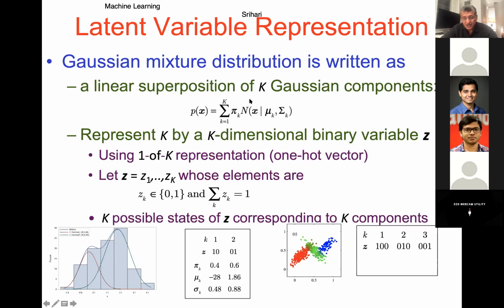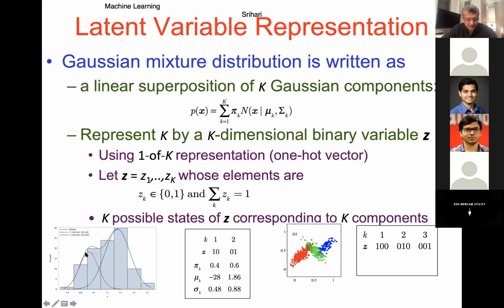So this is a Gaussian subscripted by k, which corresponds to the kth component, and we are summing k equal to 1 through capital K. So the sum of these 3 components, or 2 components, is p of x. And here below we have an example of a data set for X, and we are modeling it by 2 Gaussians.